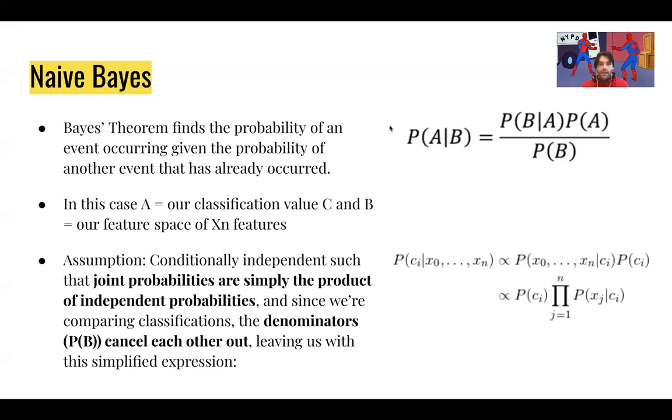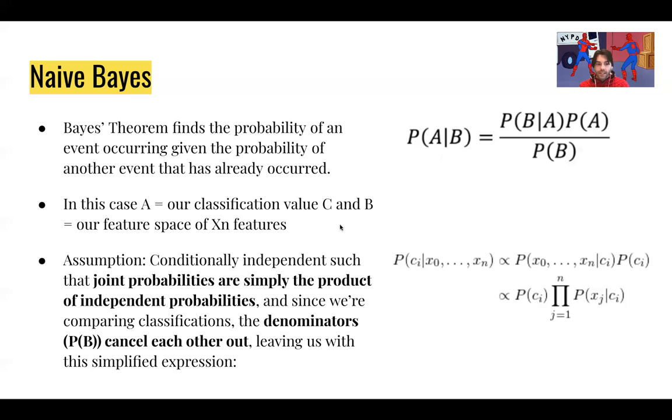That's what's used to calculate these probabilities. And so Bayes' theorem is conditional probability. The probability of A given B is equal to the probability of B given A times the probability of A, all over the probability of B. In our case, A is the probability of a classification value. If you're doing a binary classifier, we're looking at two probabilities: the probability that the value is 0, and the probability that the value is 1.